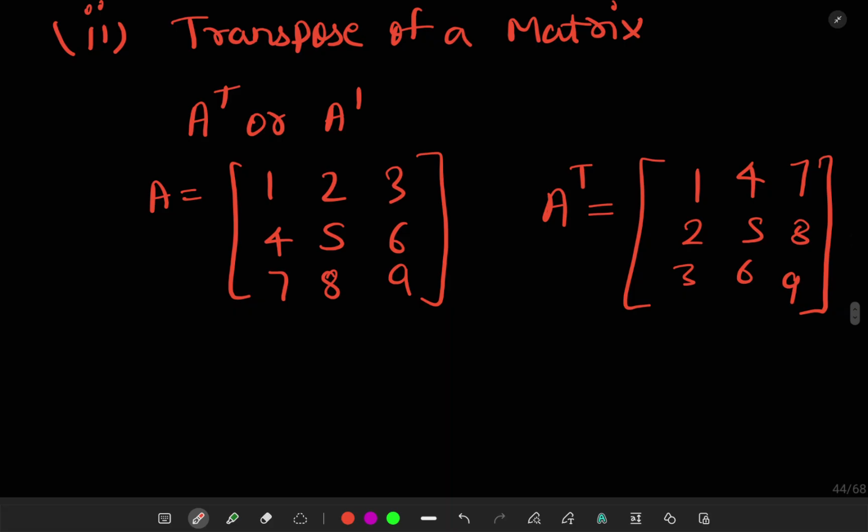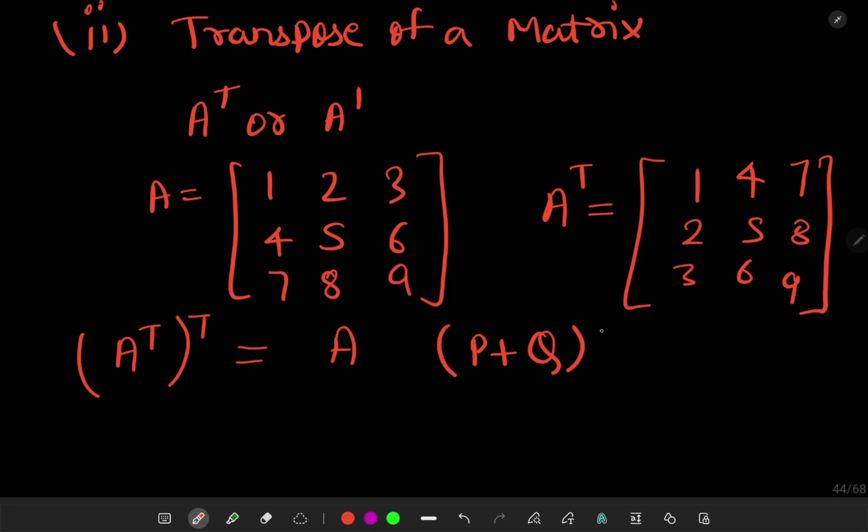Now, properties of transpose of a matrix. If we take transpose of an already transposed matrix, it is equal to the matrix which was the initial matrix.